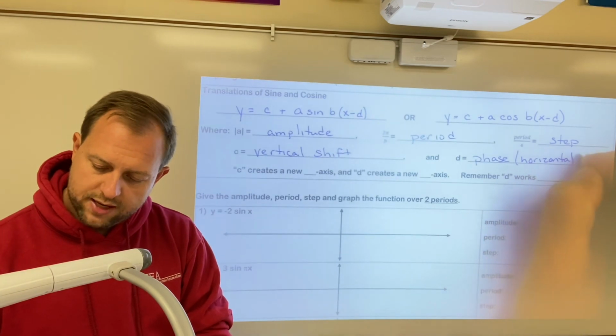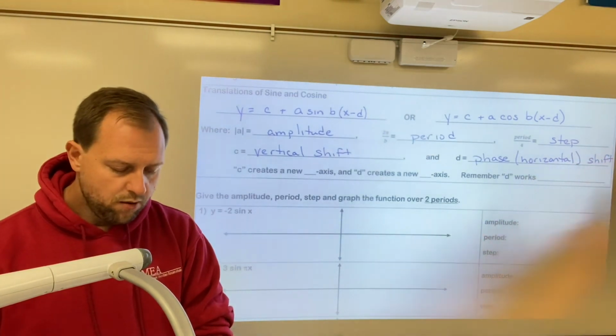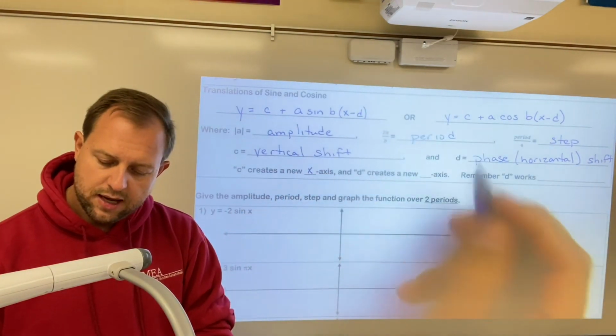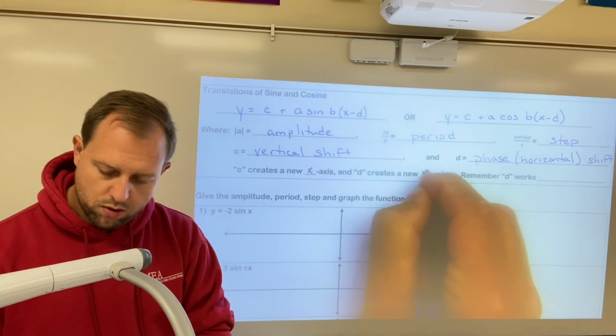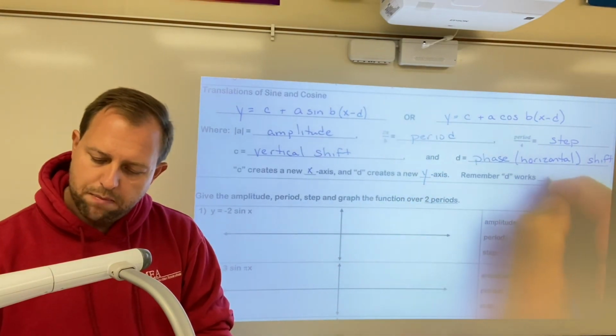So we refer to that as a phase shift. Remember that C will create our new x-axis, D creates our new y-axis, but that the D works backwards.